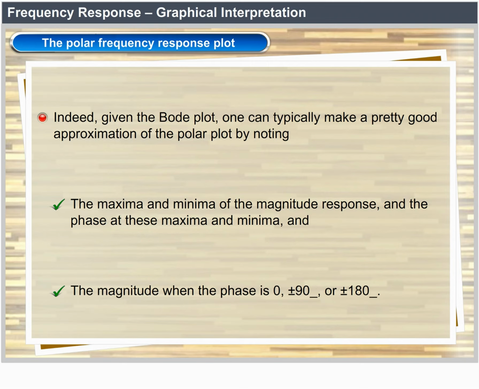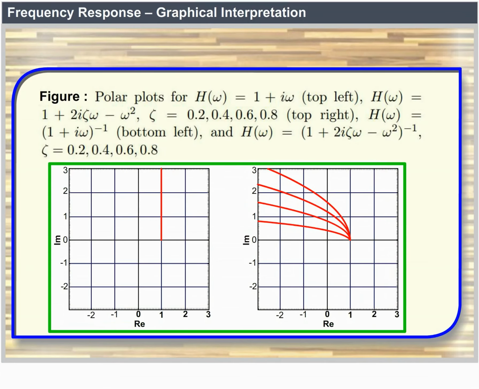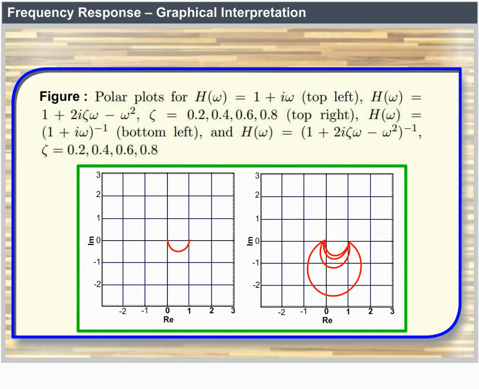Figure: polar plots for H of omega equal to 1 plus i omega top left, H of omega equal to 1 plus 2i zeta omega minus omega squared, zeta equal to 0.2, 0.4, 0.6, 0.8 top right, H of omega equal to (1 plus i omega) the whole inverse bottom left, and H of omega equal to (1 plus 2i zeta omega minus omega squared) the whole inverse, zeta equal to 0.2, 0.4, 0.6, 0.8.